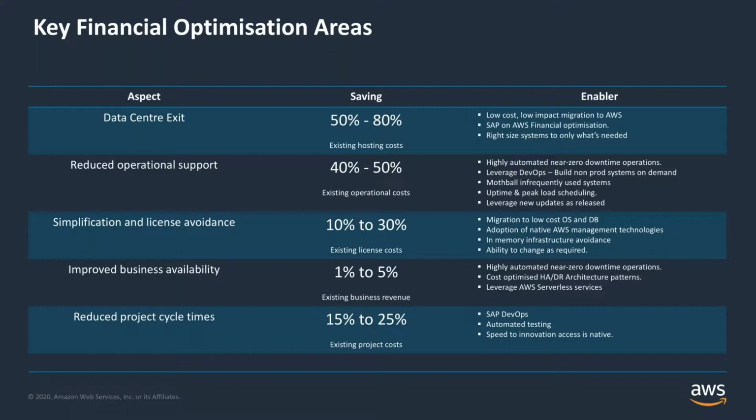Next layer down is the BAU operational support. So this is the basis support, the infrastructure support, the monitoring, fix and fail, all those kind of things. So we typically see approximately a halving of those costs. And the question is, why is that the case? A lot of the reason for that is twofold.